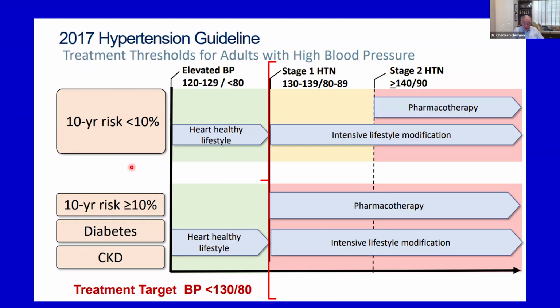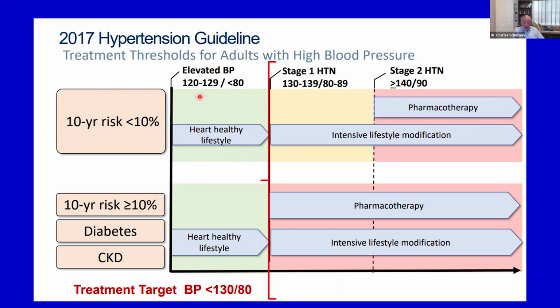There's a new risk calculator called Prevent that's now available online, but not as an app for your phone yet. But for people who have a lower risk, if their blood pressure is elevated, emphasize heart healthy lifestyle.